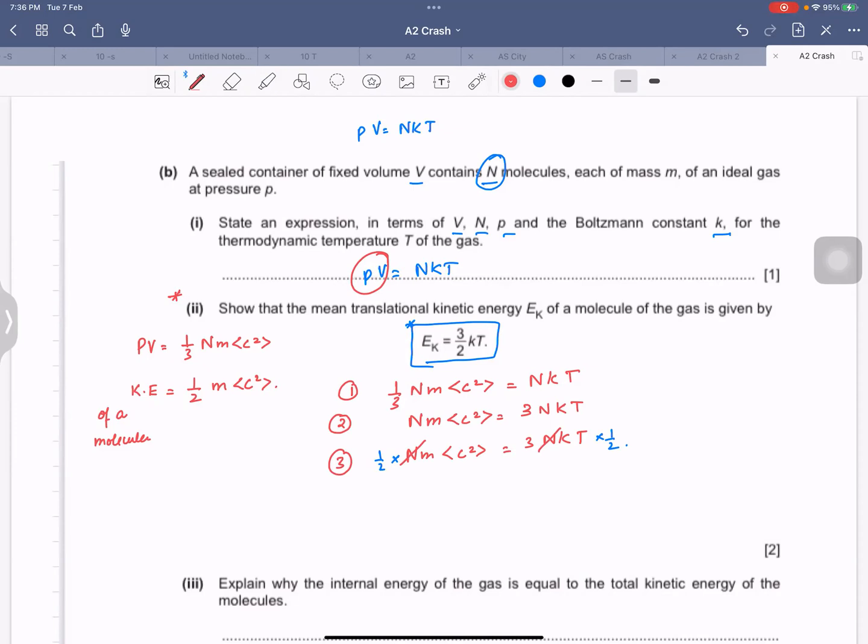So you're going to get an expression which states half m c square equals to 3 by 2 kt. And if you look at the expression right here, this expression is the same as kinetic energy expression right here. Okay, so then we can say that now kinetic energy is equal to 3 by 2 kt, and that's for only one molecule.